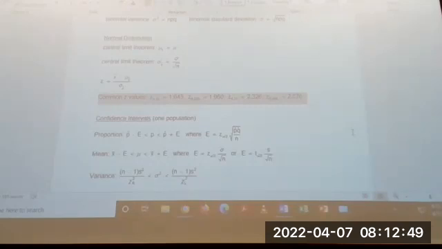So when Rosalind shoots 100 free throws and makes 80 out of 100, that is the P hat. Another way of thinking about it, P hat is what I observed. And what I observed is the most important thing. When I do my opinion poll, it's what I observed, not what I think is going to happen. What I think is irrelevant. You have to understand that. It doesn't matter what you think is going to happen.